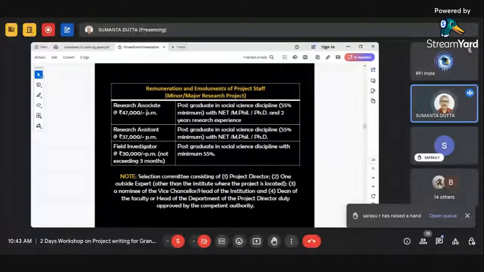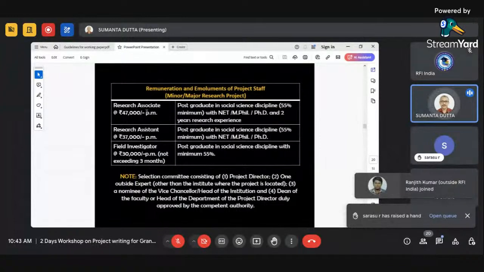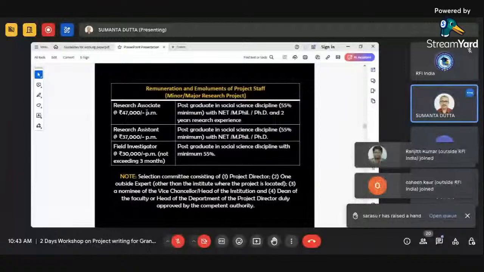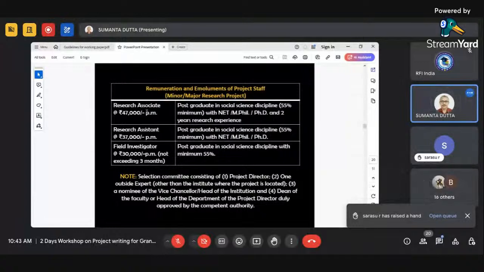Research assistant 30,000, now 37,000, and for the field investigator it is 30,000. Their criteria are also given: a master's with NET, a master's with SET, or a PhD, or maybe having a little bit of experience of developing a research paper. Automatically, it will be much more useful for us.